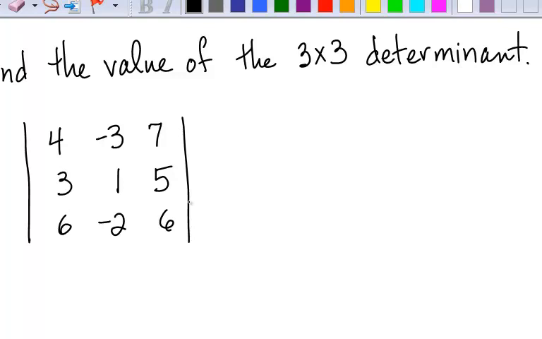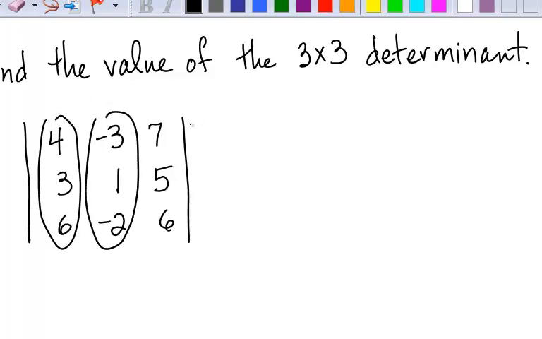Okay, there's multiple ways to work 3 equations or 3 by 3 determinant. I'm going to show you one. Okay, what you do on this method is you repeat the first 2 columns on the outside. So take this column and you repeat it, and you want to line them up.